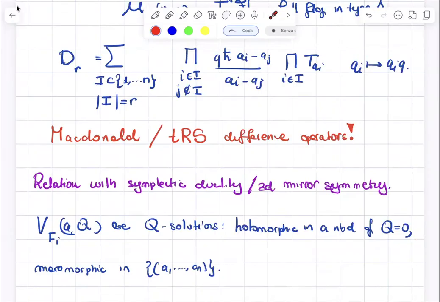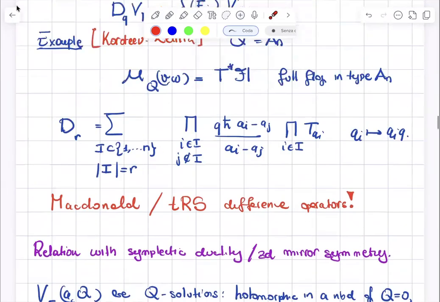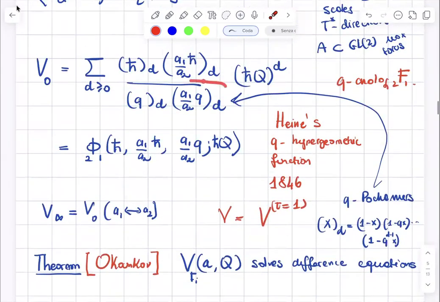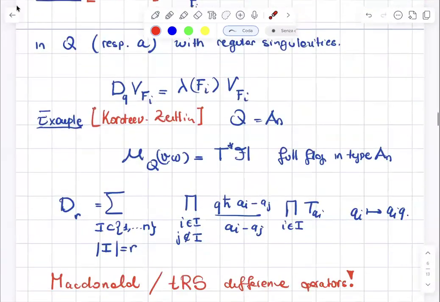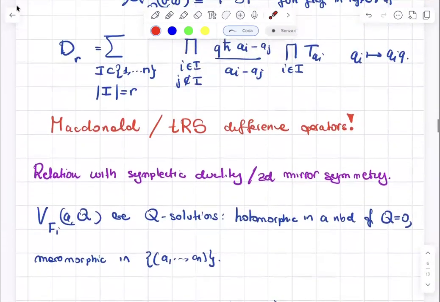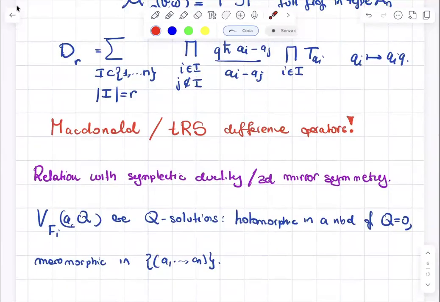But in general they will be meromorphic in these. One can really see it from, for instance, these denominators. So they're kind of asymmetric in the two variables.